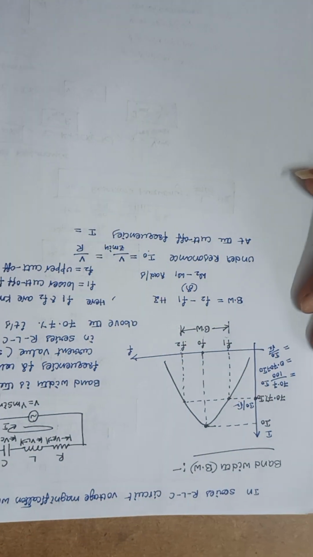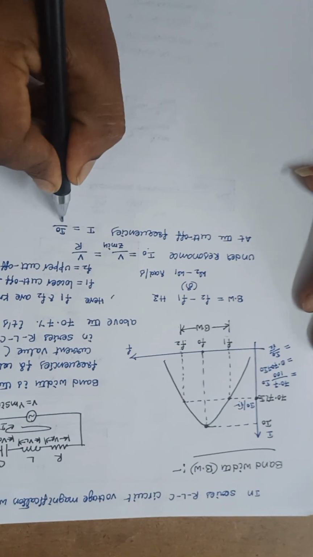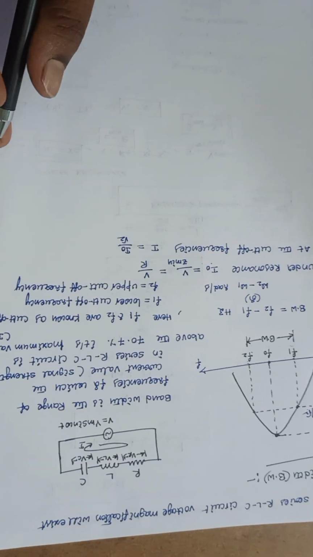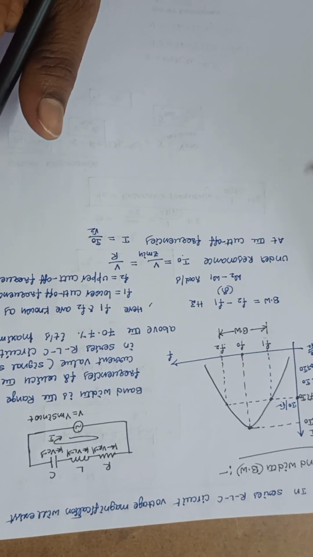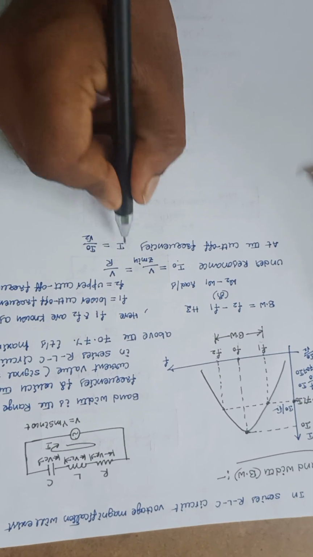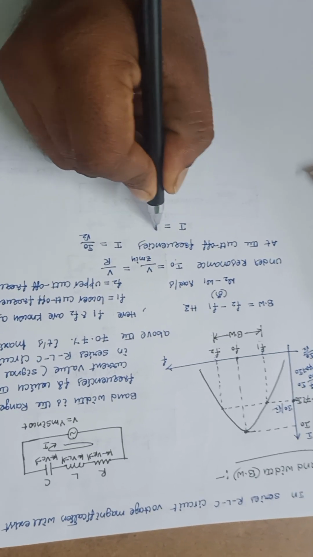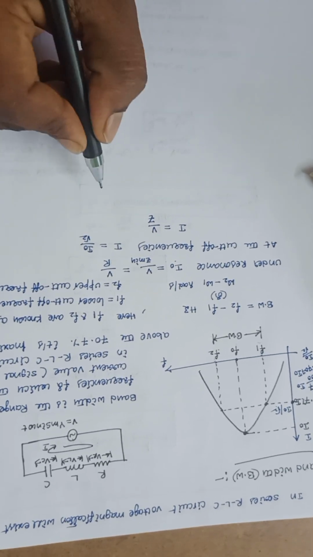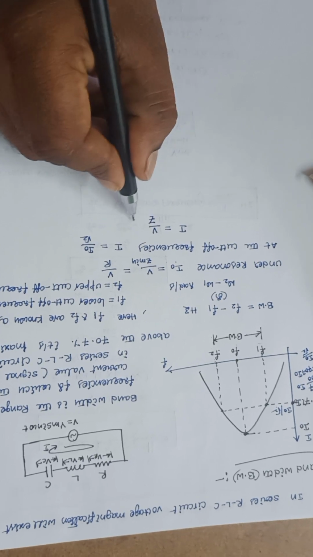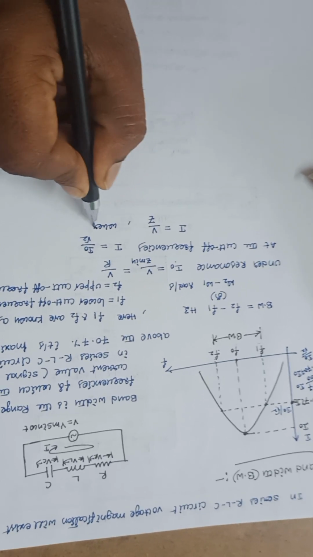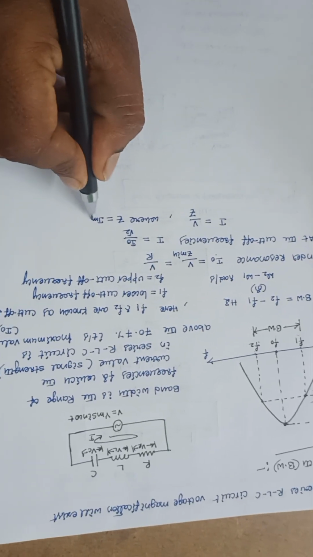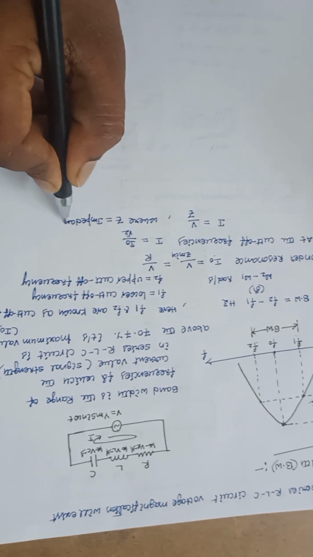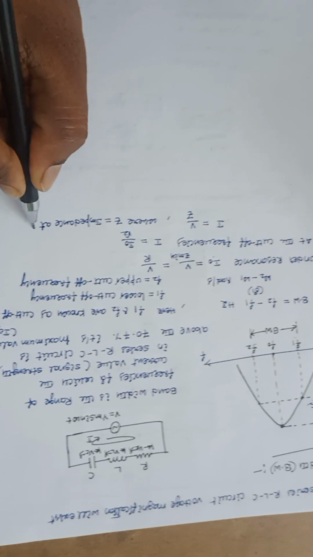The actual formula for current is I equal to V divided by Z, where Z is the impedance at the cutoff frequencies.